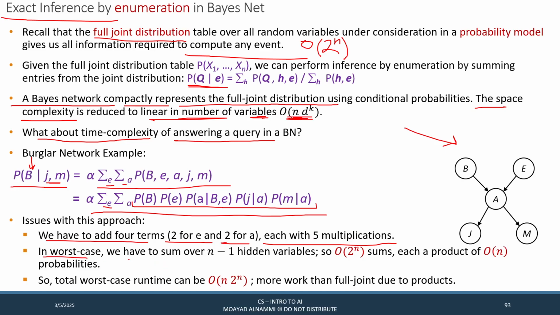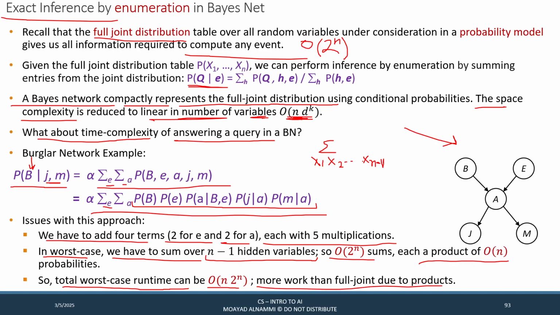In the worst case, we have to sum over n minus 1 hidden variables. So that means I will do summation over x1, x2, all the way up to xn minus 1, because those are all hidden. And so I need to sum over O(2 to the power of n) terms, each a product of n terms. That means the total worst case time complexity is going to be O(n times 2 to the power of n).